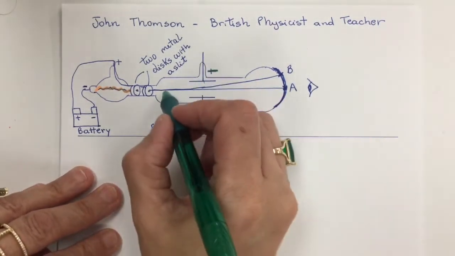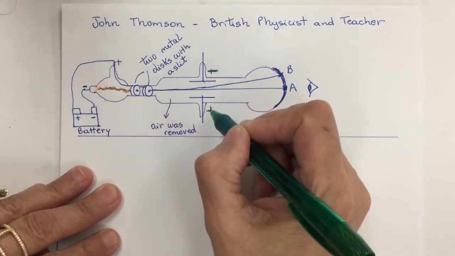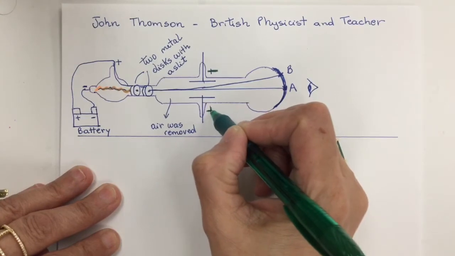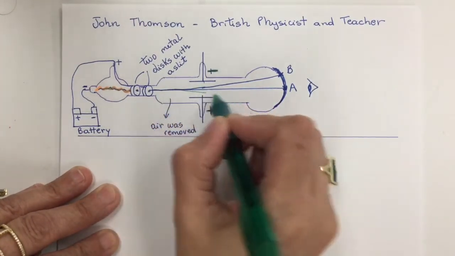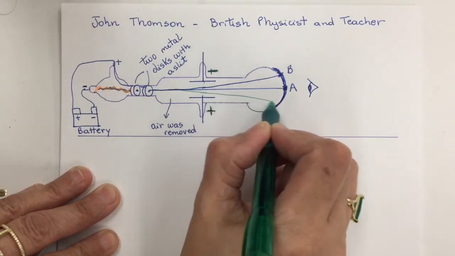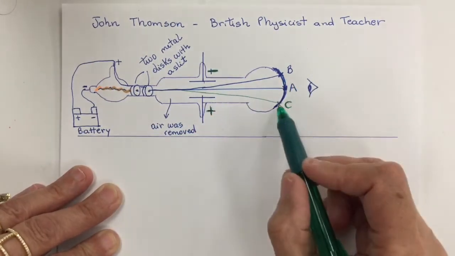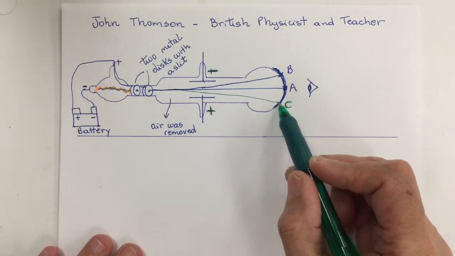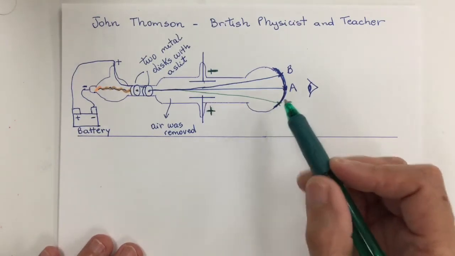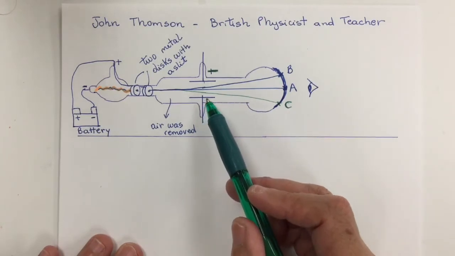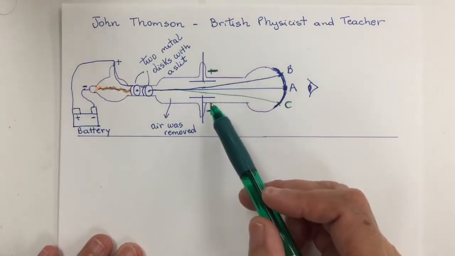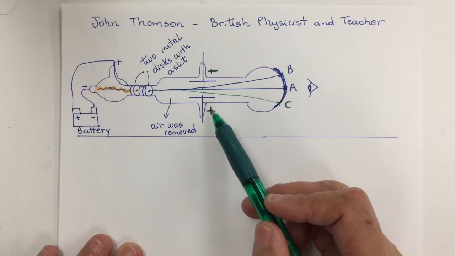What he noticed is that with the positive terminal here at the bottom, the ray bends toward the positive terminal and glows right here at this portion of the bottom. So he concluded that this ray must be negatively charged because it is all the time attracted to the positive parallel plate.